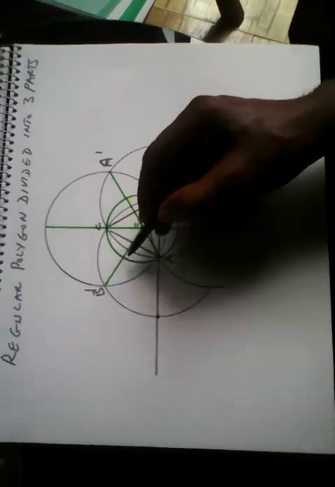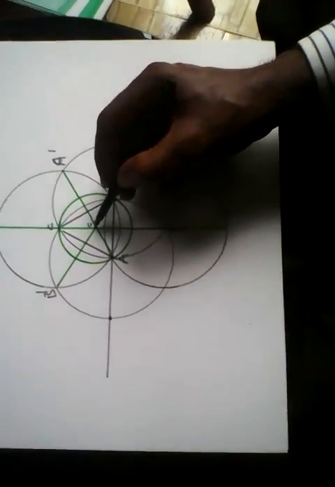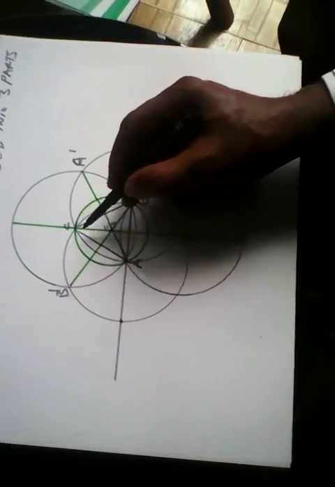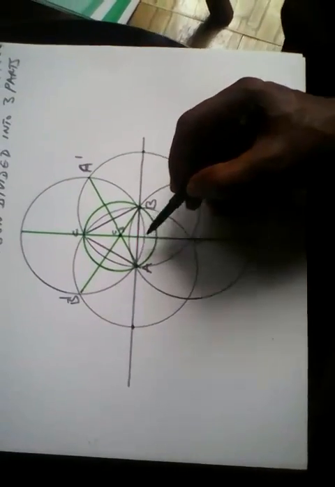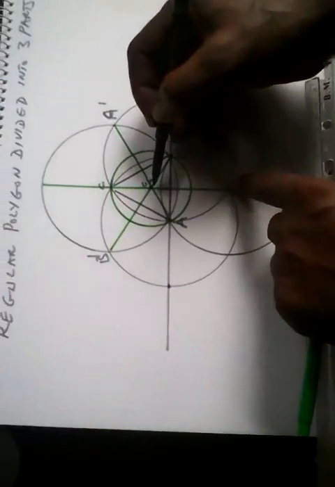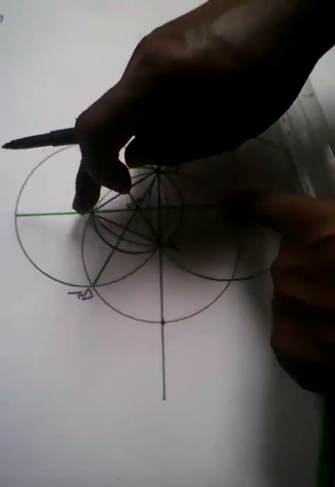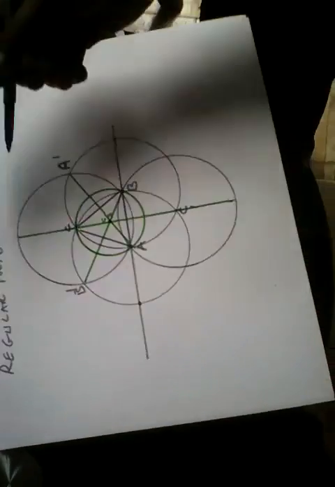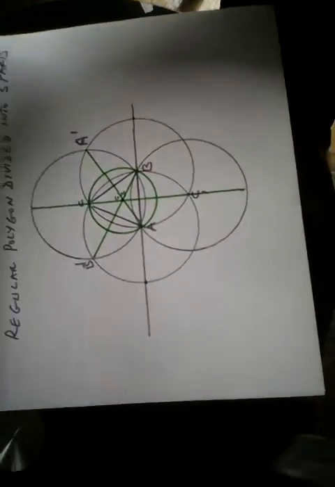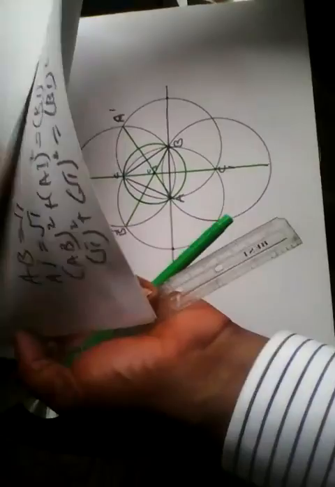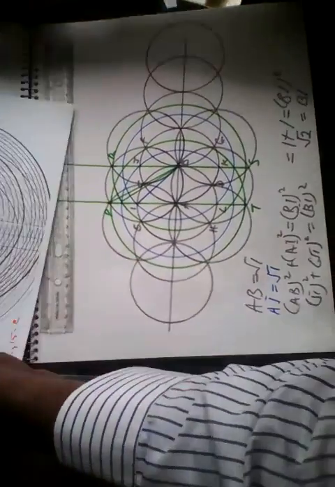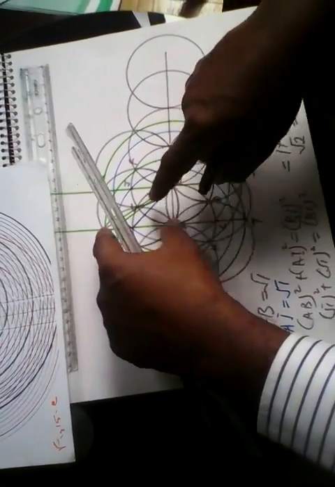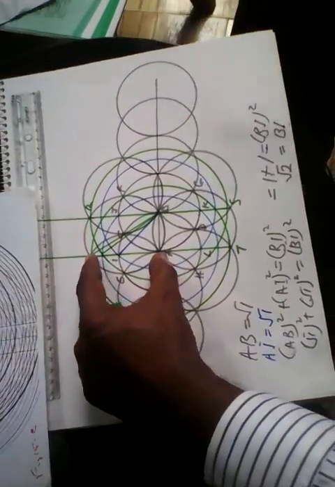Centered over here, we already know that this distance from here to here is 1/3 the square root of 3. We've already generated earlier on from our previous drawing that this distance is square root of 3.